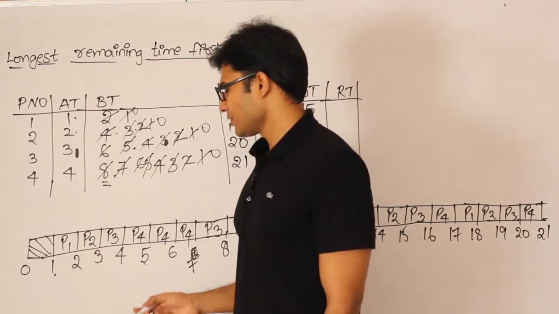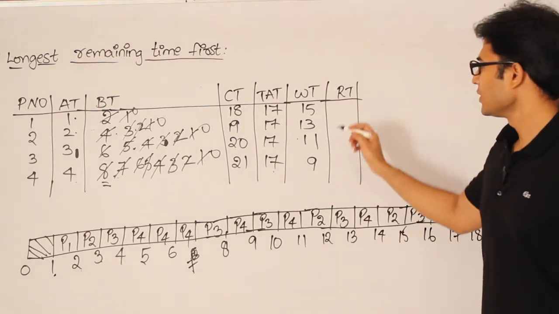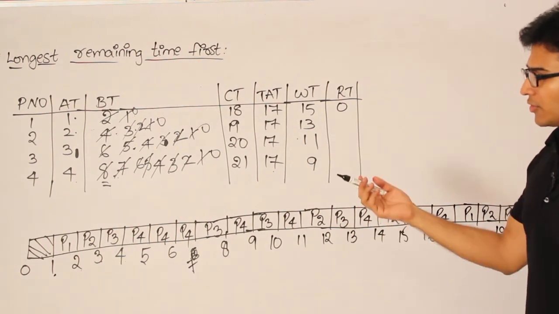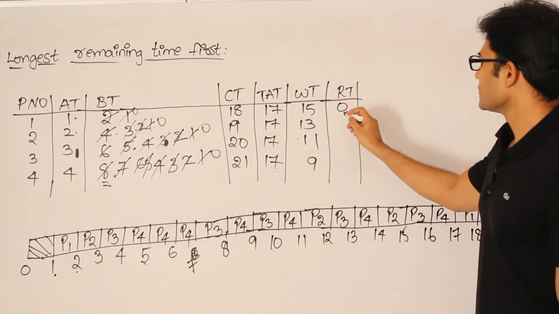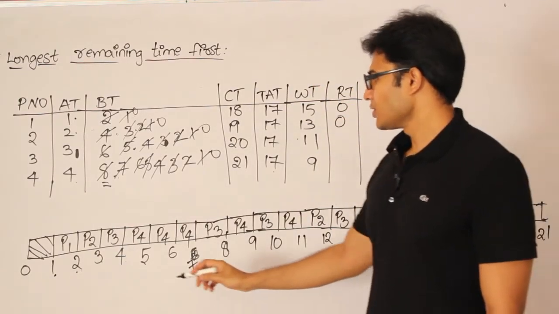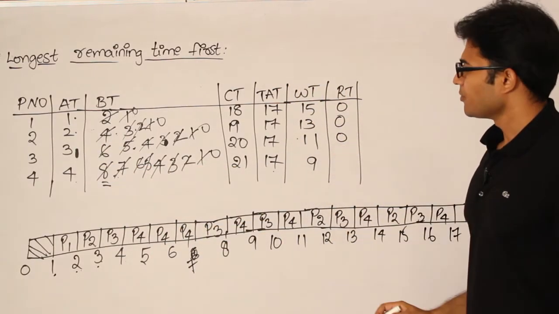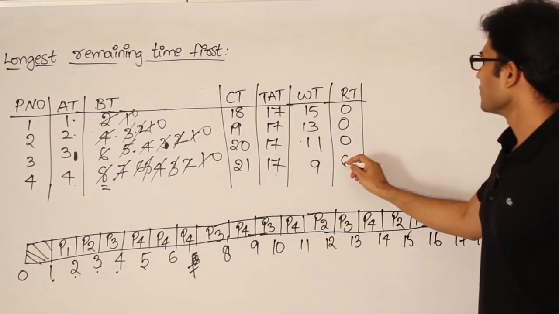At 1, which means whenever it has arrived it got scheduled, therefore it need not wait for any response. Response time is 0, it immediately responded. And what about P2? It got scheduled for the first time at 2 and it arrived at 2, therefore response time is 0. What about P3? It got scheduled for the first time at 3 and it arrived at 3, therefore response time is 0. P4 the same thing, it got scheduled at 4 and it arrived at 4, therefore response time is 0, right?